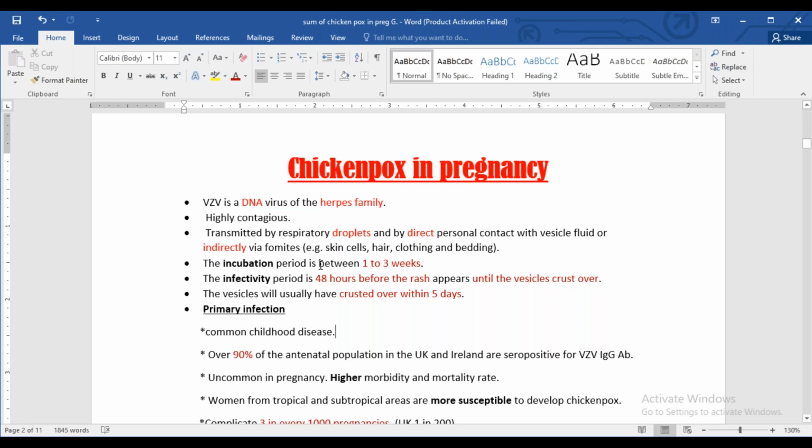Here are the incubation period and the infectivity period, and these are repeated questions. The incubation period for this virus is 1 to 3 weeks. You may find it stated as 7 to 21 days, and that's fine also.